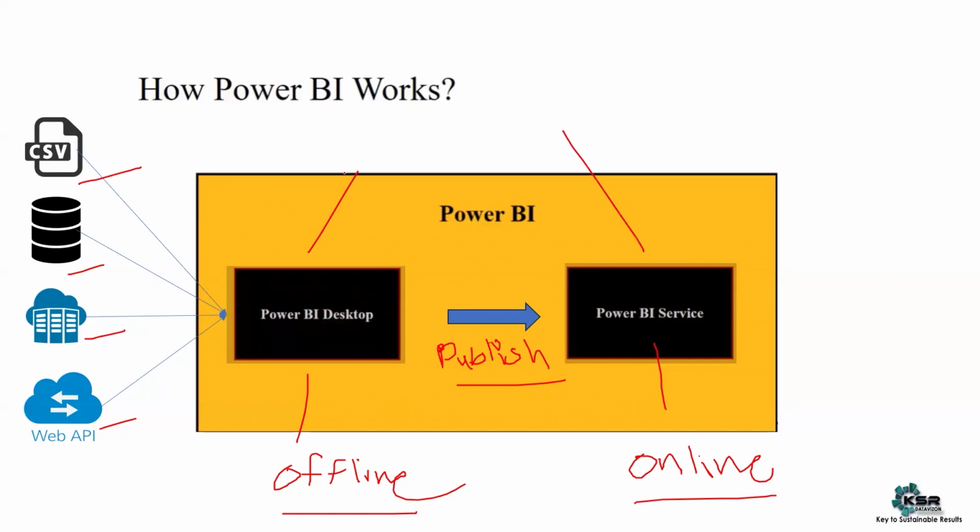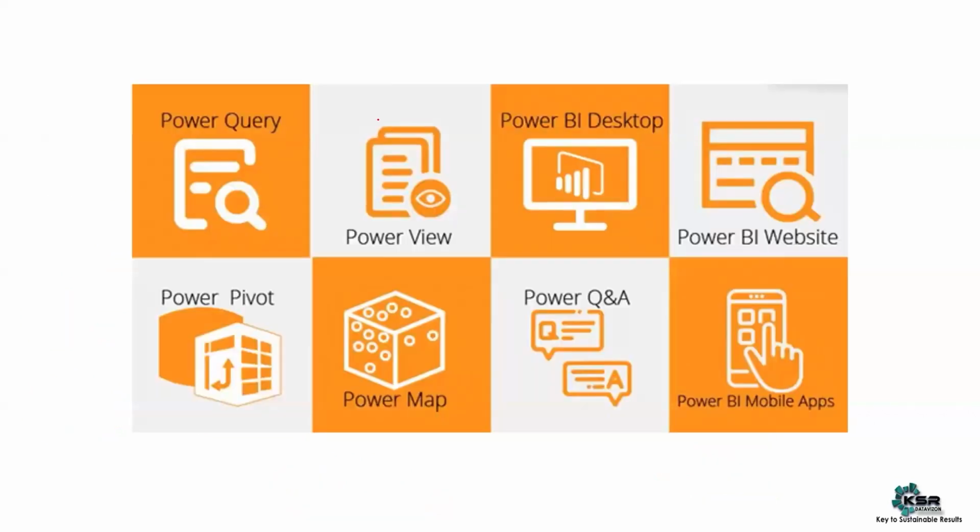Now the question comes: in Power BI Desktop, how many components are there? Power BI Desktop is the development tool, and it is broadly classified into 6 different components: Power Query, Power View, Power Pivot, Power Map, Power Q&A, and Power BI mobile apps.